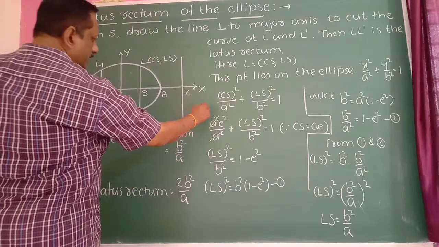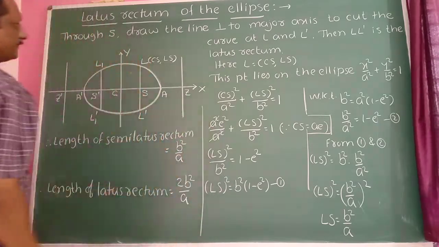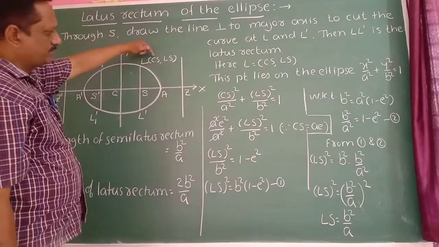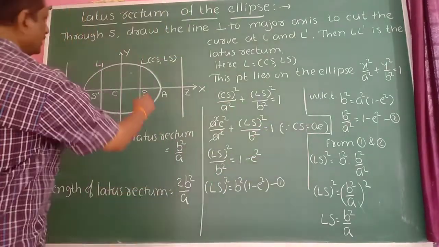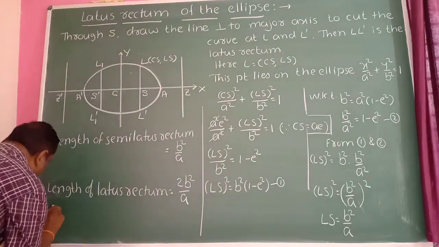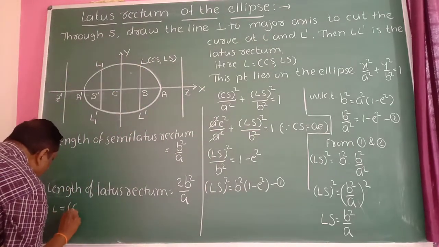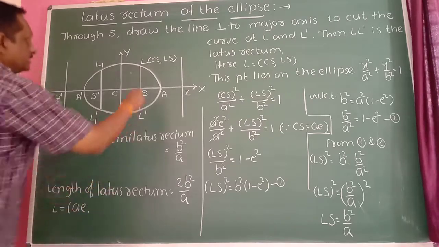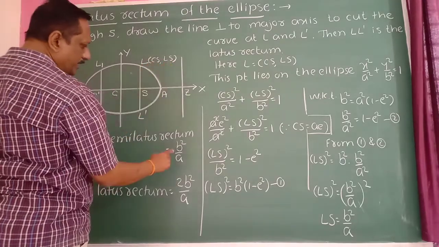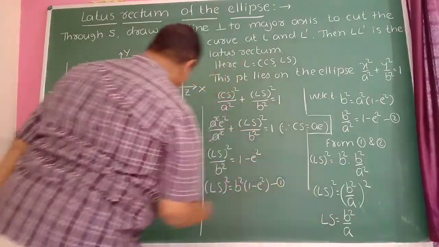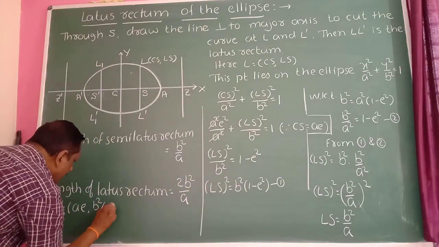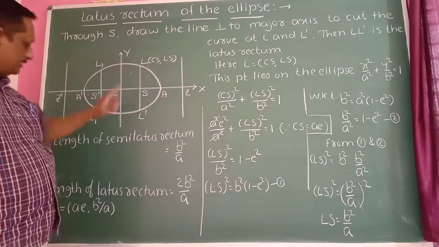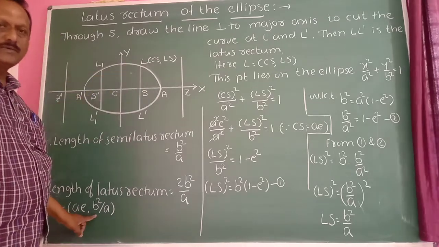Now observe the diagram. You already proved CS is AE. Therefore, the coordinates of point L: CS is AE, and LS you already proved is b square upon a. So the coordinates of L are AE comma b square upon a.